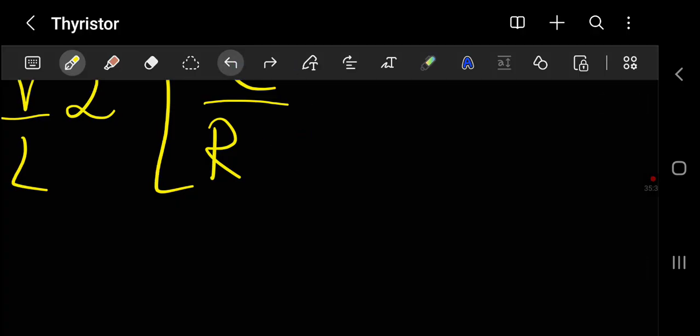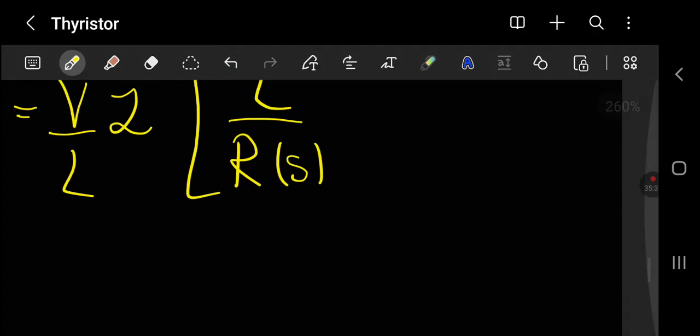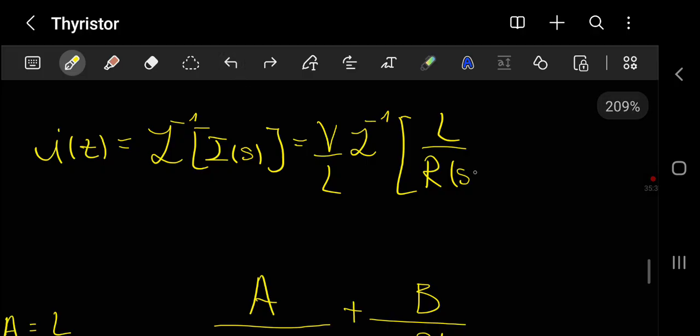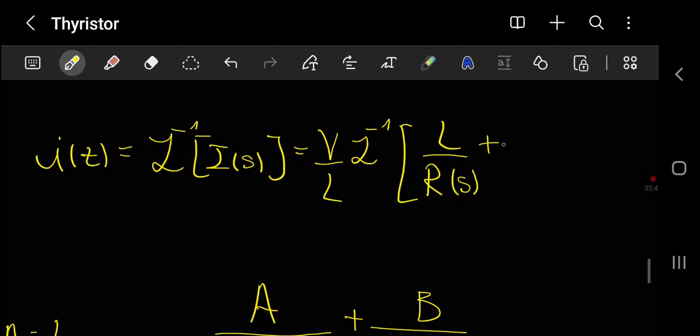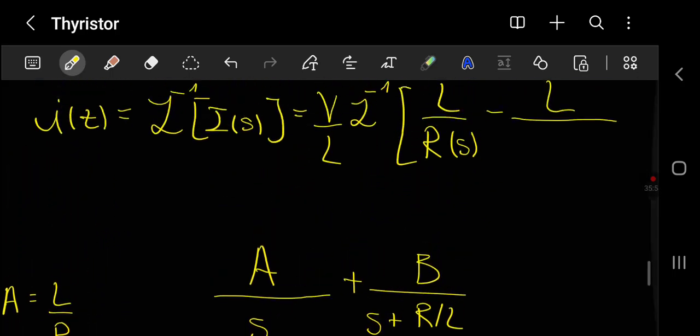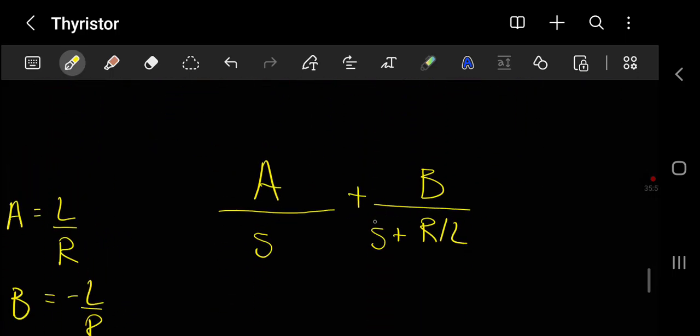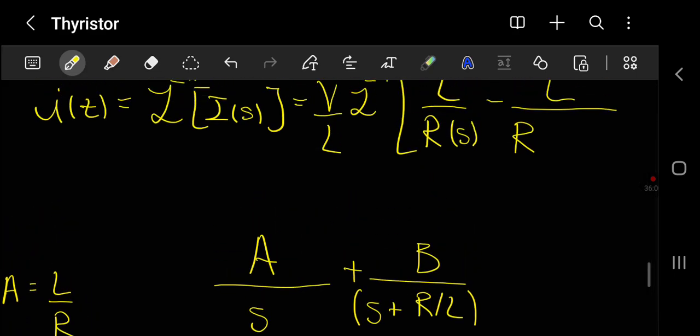It's L over R of, in the S domain, the Laplace domain, plus L minus L over R and S plus R over L.